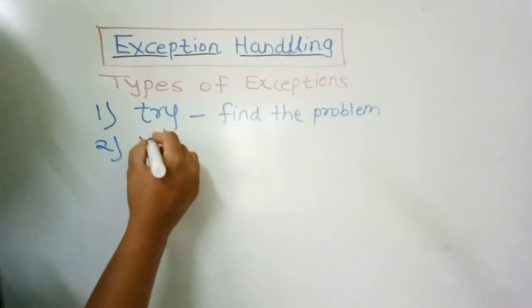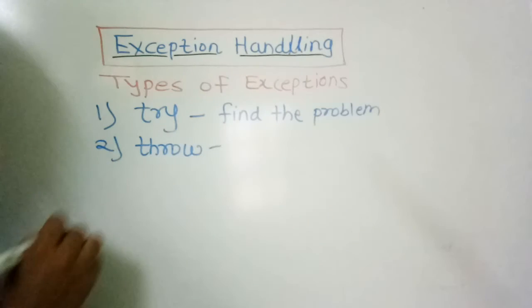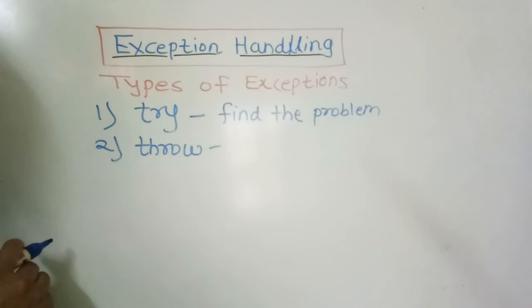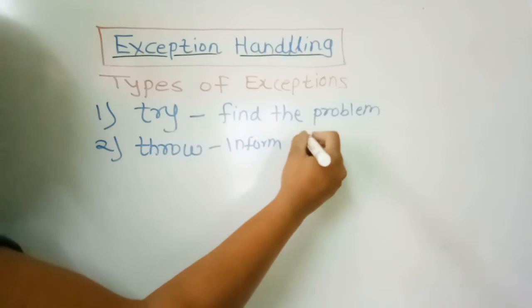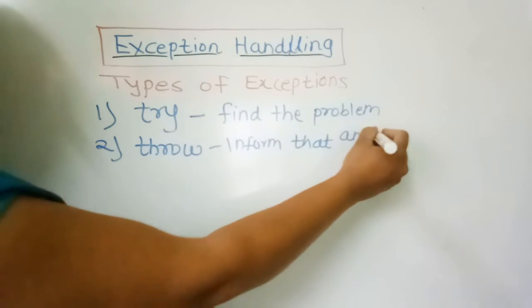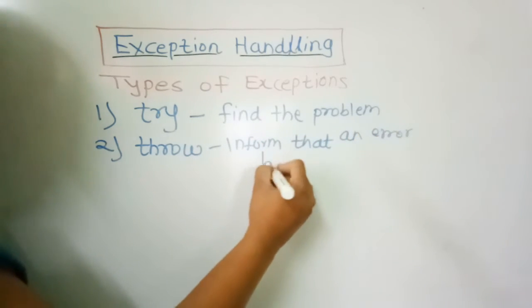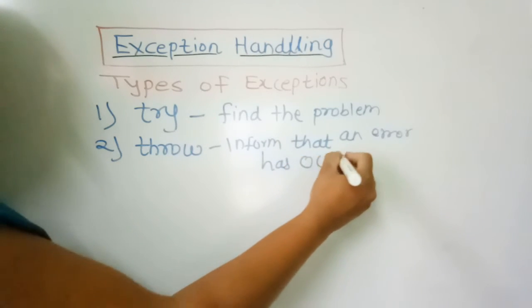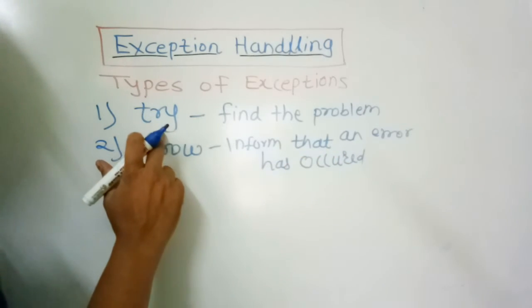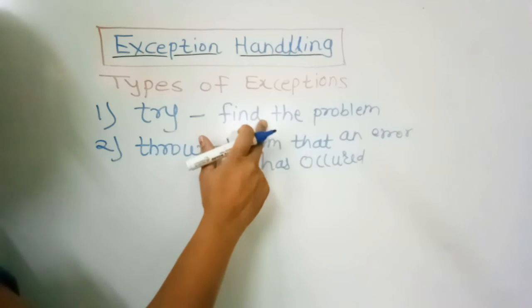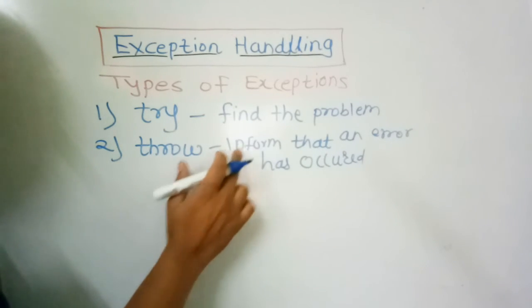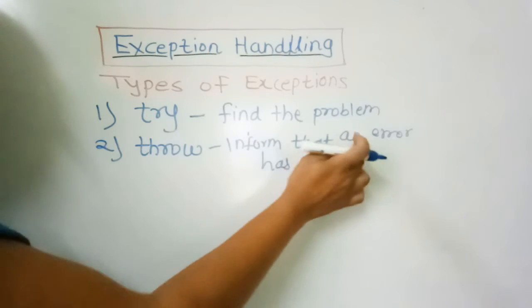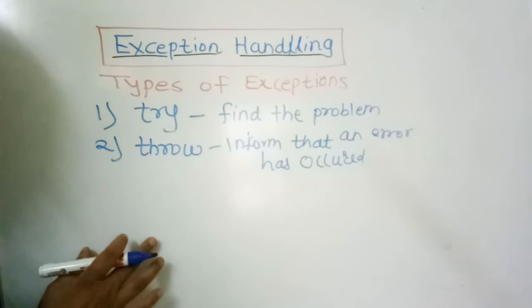Second is the throw mechanism. What is throw? It informs that an error has occurred. Try finds the error, and throw informs the system about the error that has occurred.